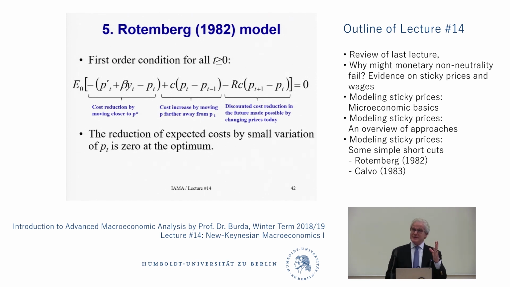Okay, every firm has a positive C, so there's a positive cost of moving rapidly away from where I was last period. So that's this part. Now, if I change my price, I reduce my cost because I'm getting closer to where I want to be, so that's good. I'm reducing the size of the red triangle. And here's the cool part.